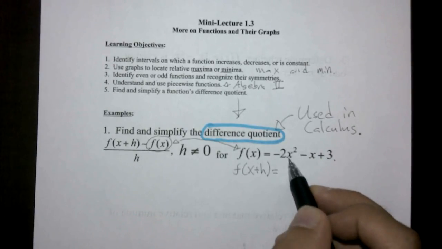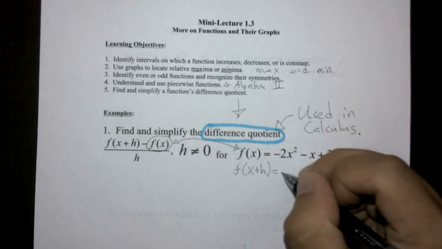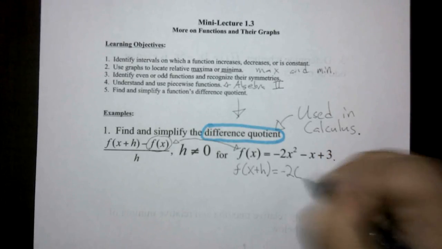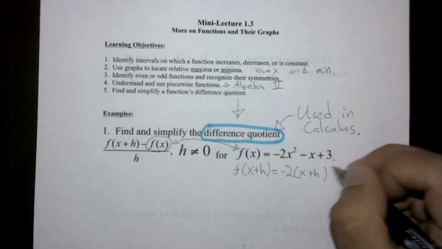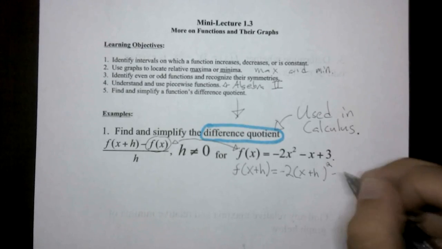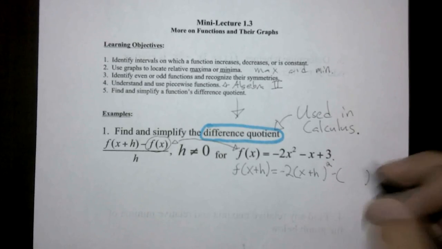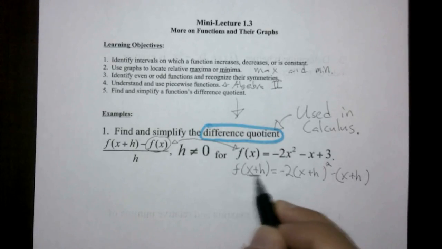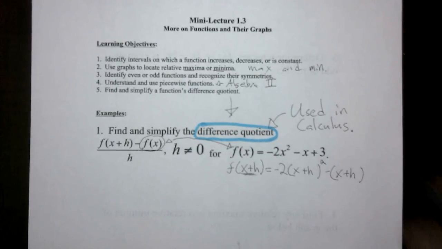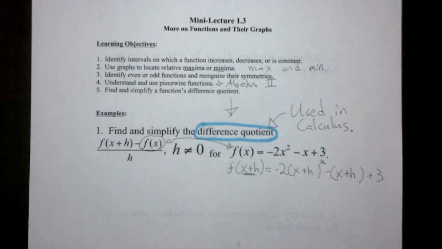So we're taking wherever x is, keeping in mind to use parentheses because this is a binomial. Rewriting x plus h, subtracting the x, where now this is x plus h because this is what the input is for this function. And then also adding 3.